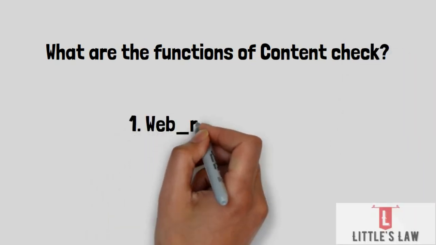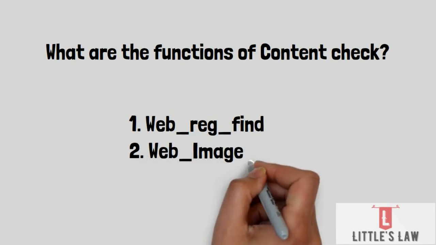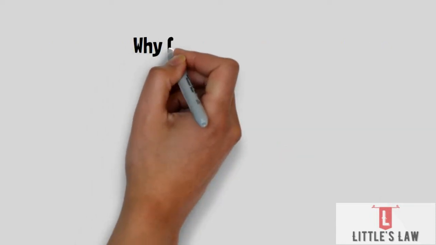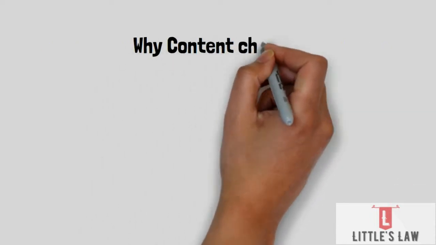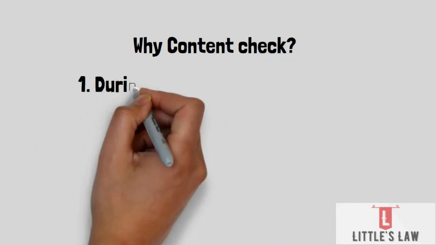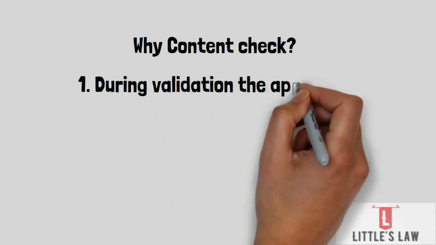For example, to do correlation we have web_reg_save_param, the regular expression, and in the same way for content check we have two functions: one is web_reg_find and the other one is web_image_check. The web_reg_find is used to do the text check and the web_image_check is used for the image check.